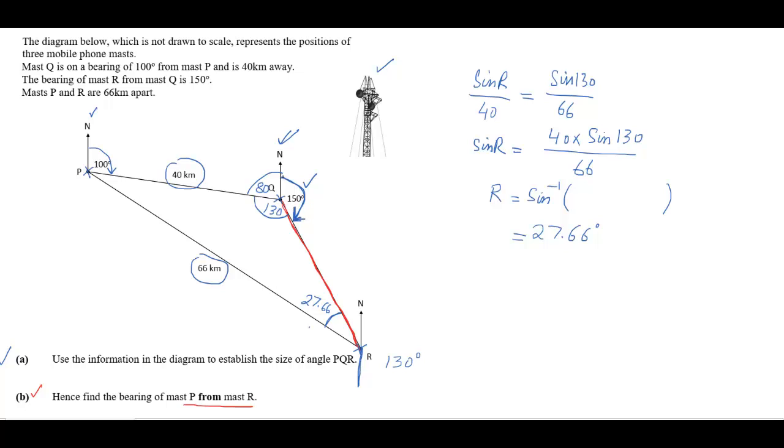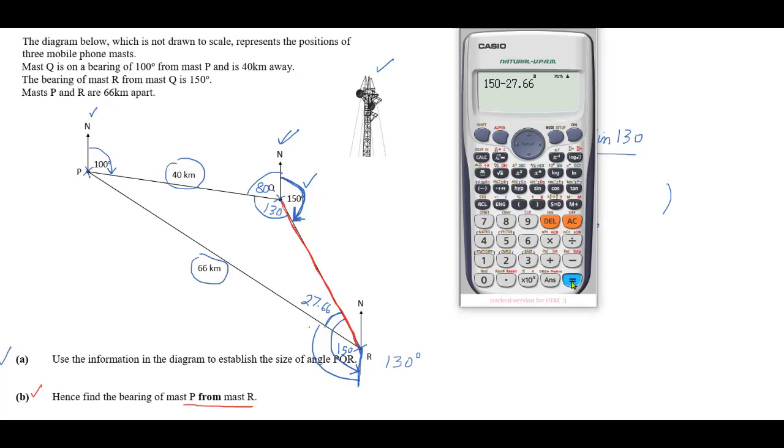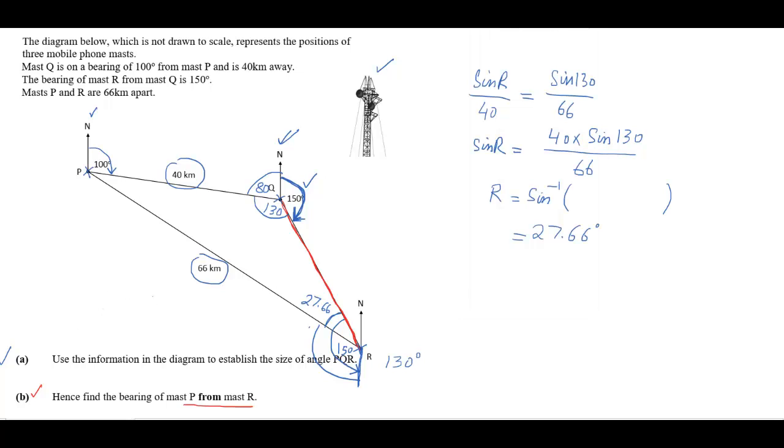So this angle will also be 150 from the red line to this north line. And then this angle will be 150 minus 27.66, which is 122.34. This angle is 122.34.